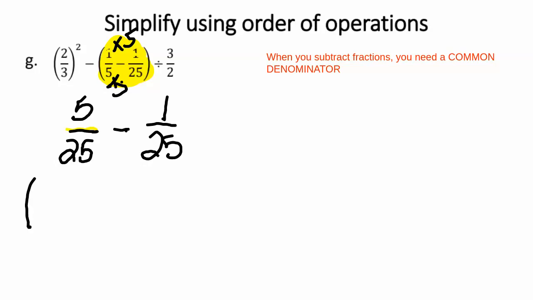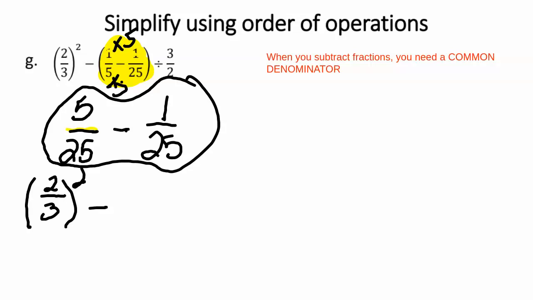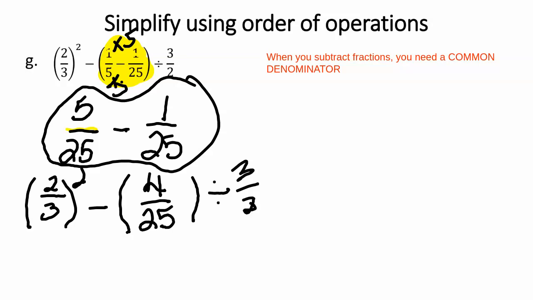This problem becomes 2/3 squared minus, now put these two together and they go inside the parentheses, which is 4/25 divided by 3/2. Okay?